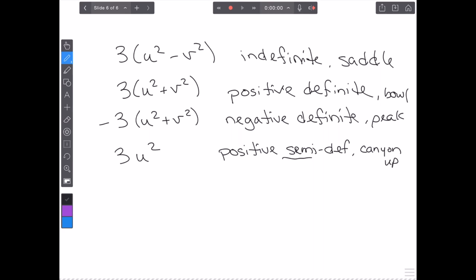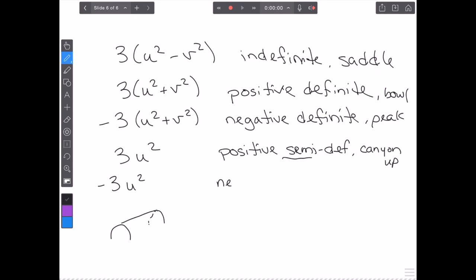And then the last option we have is a function of the form minus 3u squared. A function like that has a shape something like this. It's not a canyon, it's like a canyon turned over. It looks like a ridge, so maybe we can call that a ridge function.